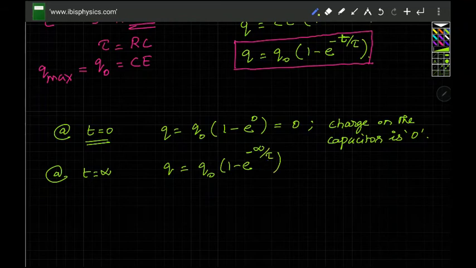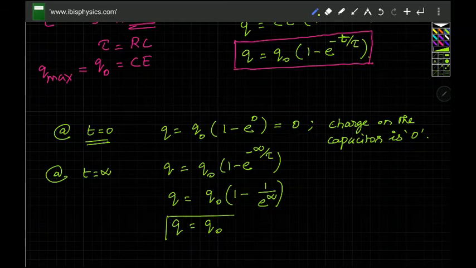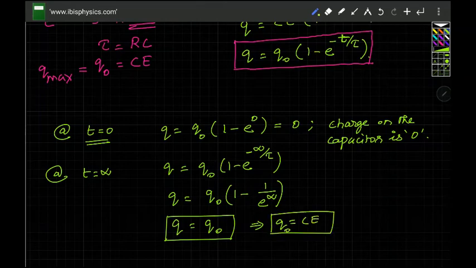So infinity by tau is infinity, so this becomes Q is equal to Q naught into 1 minus 1 by e power infinity. E power infinity is infinity, so 1 by infinity is 0, so Q is equal to Q naught. After a very long time, the total charge on the capacitor is equal to Ce, because we know that Q naught is equal to Ce.